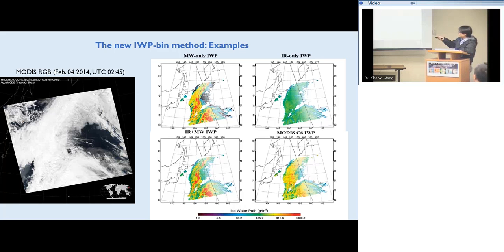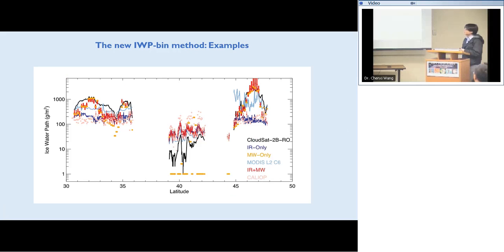For very thin cirrus clouds in this region, it's close to the infrared only. But for the deep convection, it's much better than this one, and it's close to the microwave only. So that's very nice.